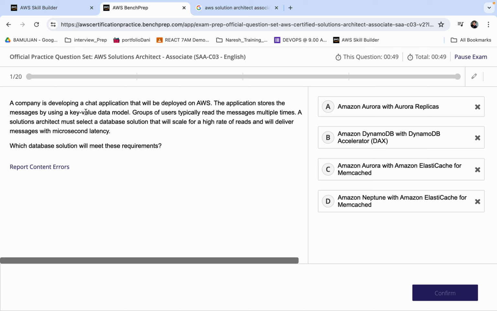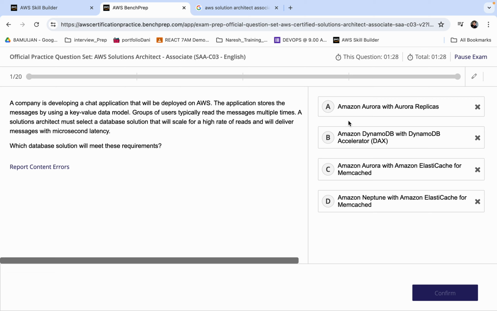So for the database which supports a key-value data model, we can say, without even seeing the options, that DynamoDB supports the key-value model. And the second keyword I can see is that it should deliver messages with microsecond latency. The microsecond latency is offered by the DynamoDB DAX accelerator.